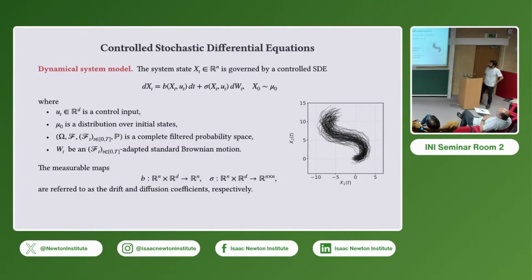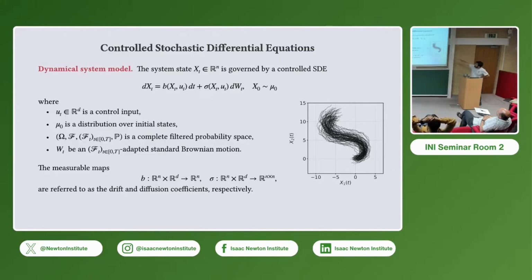So in this work, the assumption we make is that the system we control is the solution of a stochastic differential equation with coefficients that depend on a control input. Here's an illustration.